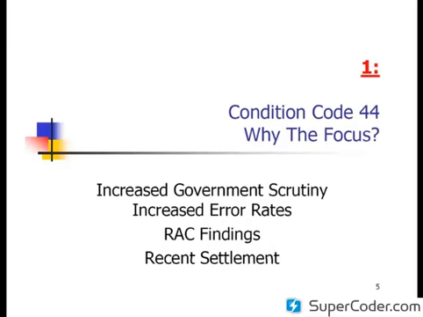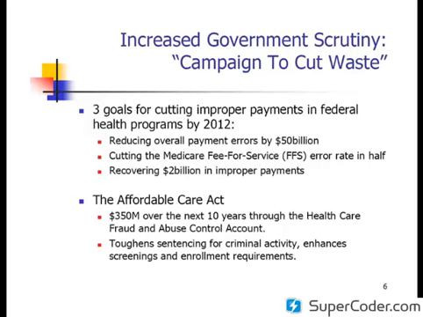And if we go on to slide 6, you will see that we're going to talk about the campaign to cut waste. As you know, Medicare is built on trust, and there are minimal controls in place considering the 1.2 billion claims that are processed by computers each year. Medicare is often referred to as the pay and chase system, where Medicare will pay and then chase the payments that are incorrect afterwards.